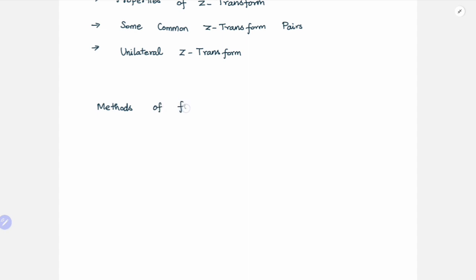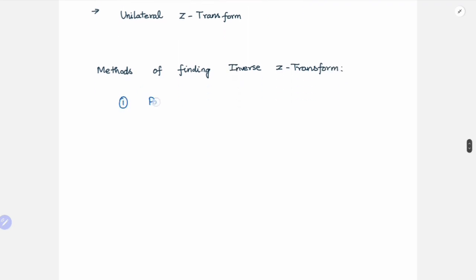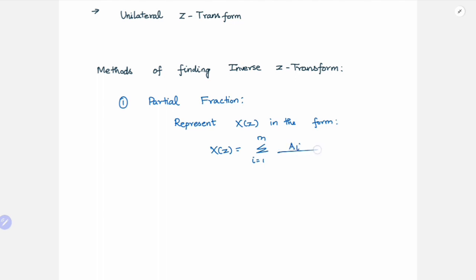Methods of finding inverse Z transform. So in the previous lecture, we already saw one of the methods, which is nothing but partial fraction. In that, what we did, we represent X of z in the form, let's say X of z equal to summation i equal to 1 to N of A i divided by 1 minus a i z inverse.